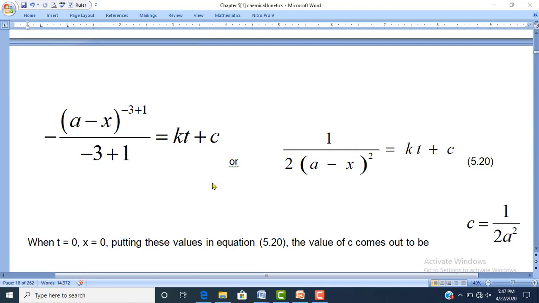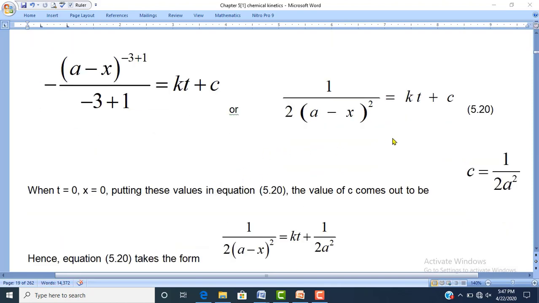Dear students, if you remember, when we started the reaction, we took these two conditions: when time was equal to 0 seconds, then x was equal to 0.